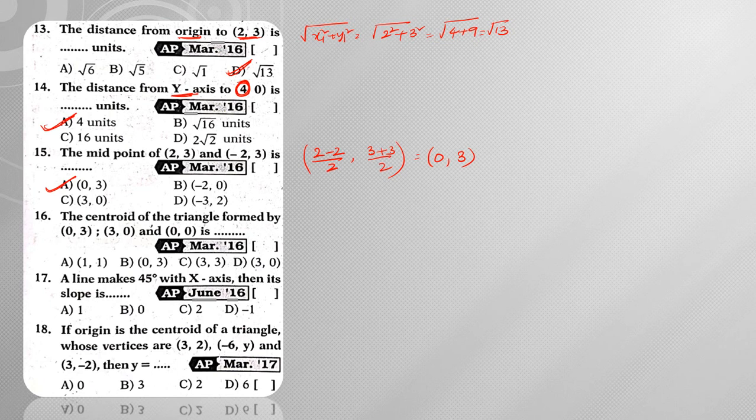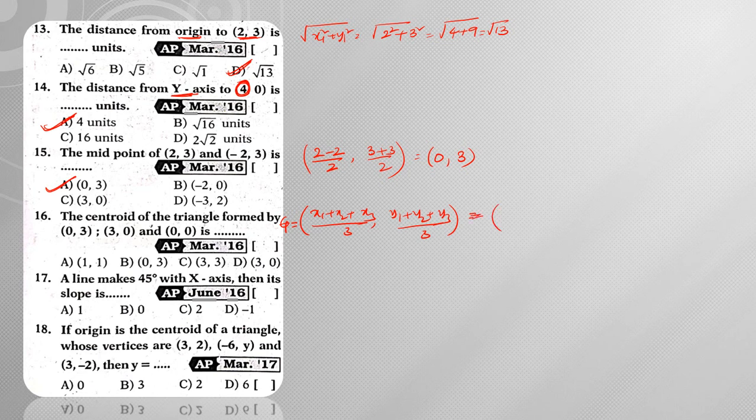The centroid of the triangle formed by 0 comma 3, 3 comma 0 and 0 comma 0. Centroid is denoted by G and it is equal to x1 plus x2 plus x3 by 3 comma y1 plus y2 plus y3 by 3. Or simply you can remember it as the average of x coordinates and the average of y coordinates.